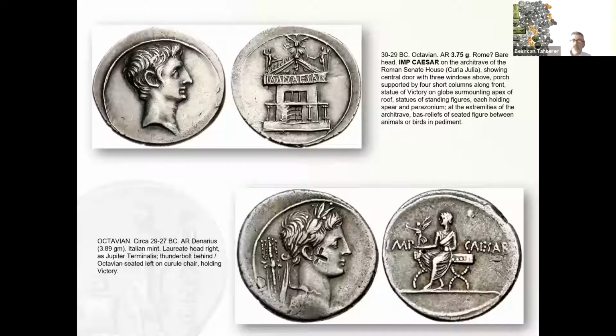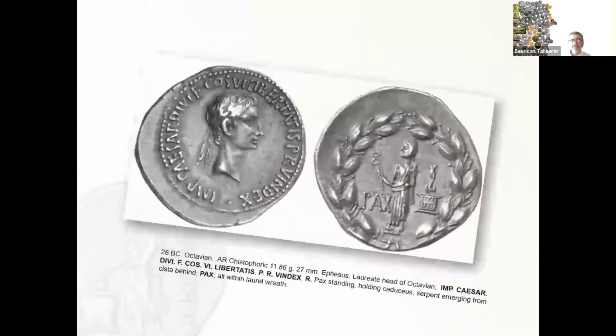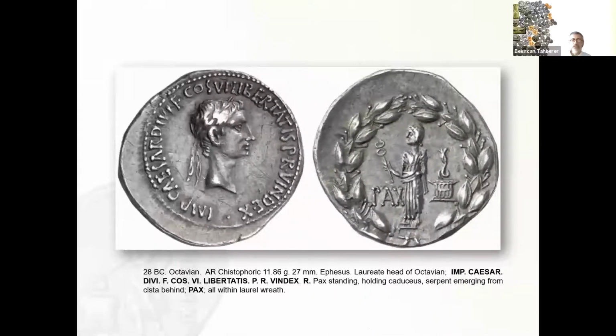That's why they are seated on the sella curulis, a temporary seat, not a throne. And here it is interesting to see that Octavian is seated on that chair. And this one simply advertises what he did for the Roman people.